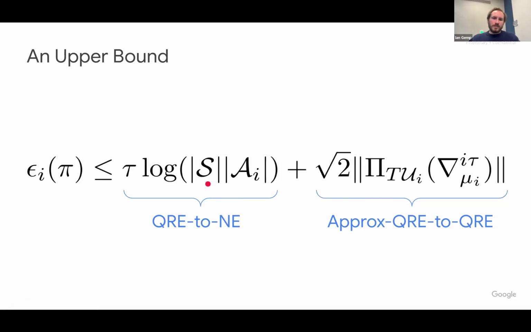The number of states times the number of actions is the entropy of the uniform distribution if that was your occupancy measure, and tau is the temperature that we use as a coefficient on the entropy bonus. So as tau goes to 0, this term stops mattering as much, and you can just worry about this, although the Lipschitz constant of this will go up drastically as well if you're near a corner of the simplex.